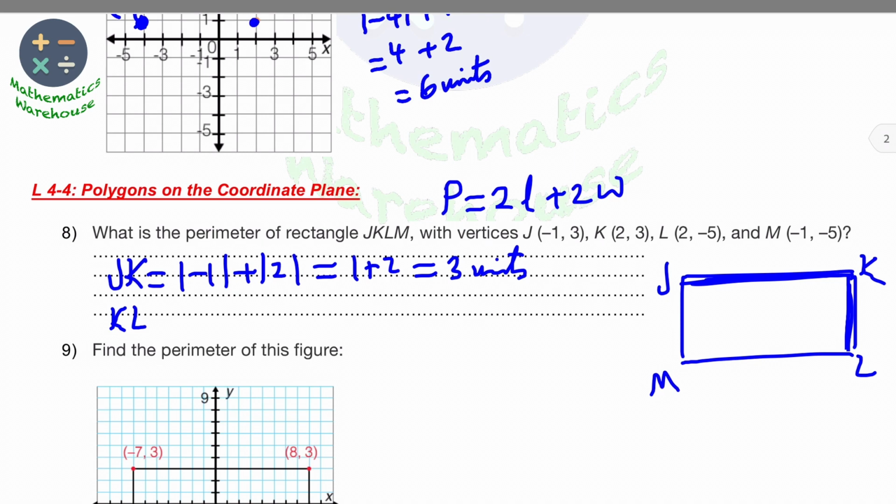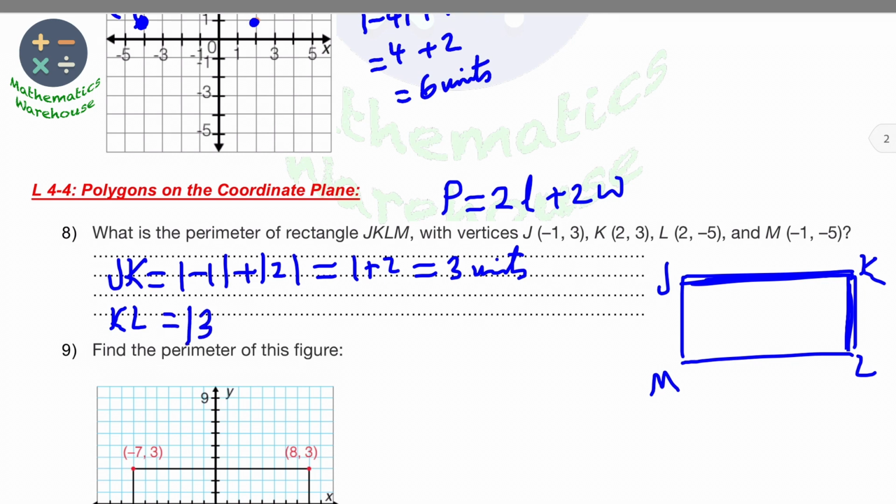They have the same horizontal coordinate x. The change in y coordinate, 3 and -5, have different signs, so we're gonna add their absolute values.